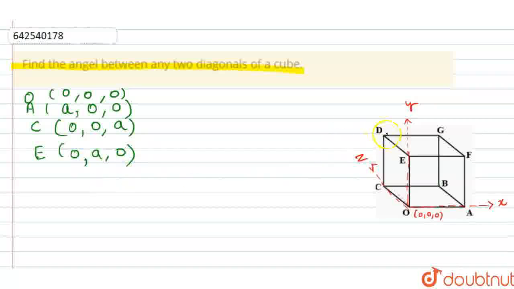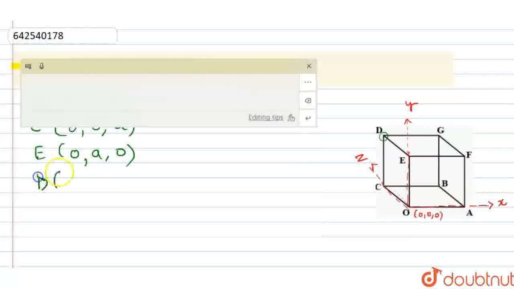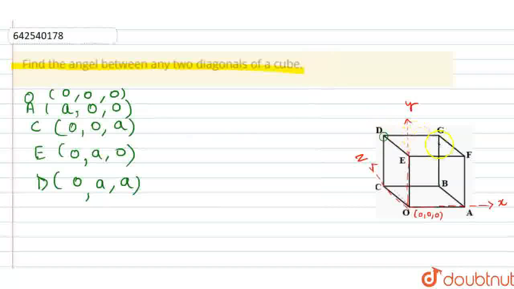Now point D lies in the zy plane only and not in the x direction, so its x coordinate will be 0 and its y and z coordinates will be a and a. Similarly, F lies in the xy plane only, so it has coordinates in x and y and not in z.